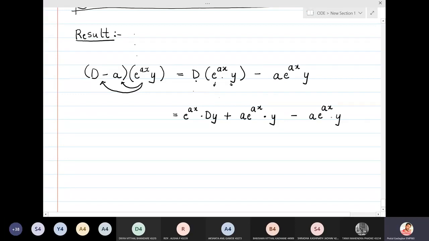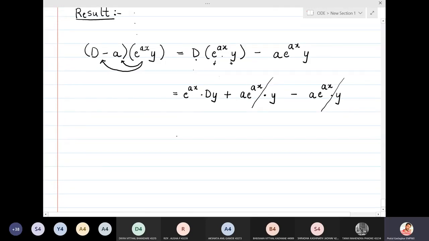But this a e raised to ax into y, and a e raised to ax into y get cancelled. And this becomes e raised to ax dy. This is my RHS. So I have obtained that D minus a on e raised to ax y is equal to this.